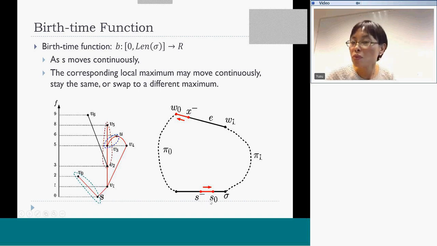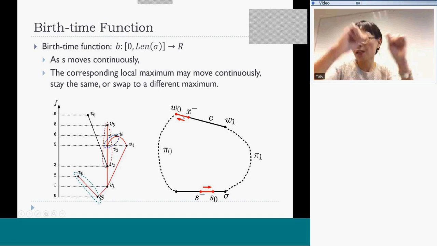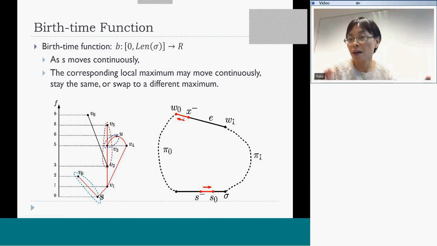Now as S moves to S0, the corresponding maximum also moves, because it remains at the position where it has two corresponding shortest paths. So unlike the saddle point, it will not just stay there, it may also move. This makes the situation more complicated.